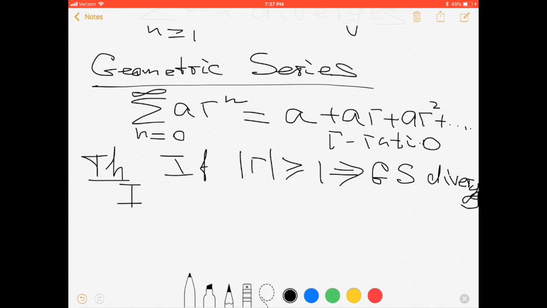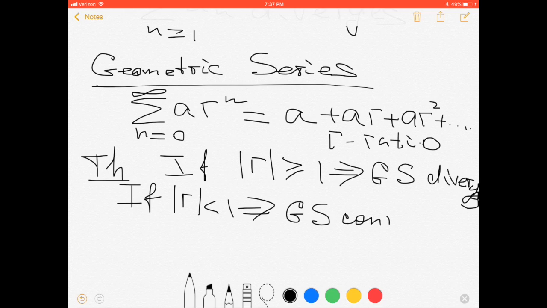If the absolute value of your ratio r is less than 1, then the geometric series converges.